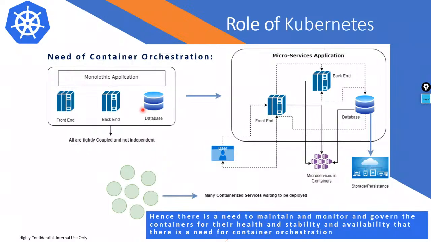In the front end, you have applications like Angular, React.js, or Java. Some middleware or business logic will be implemented on the middle layer or back end. All the business logic of the organization will be there. The front end will interact with the back end, which will interact with the database.